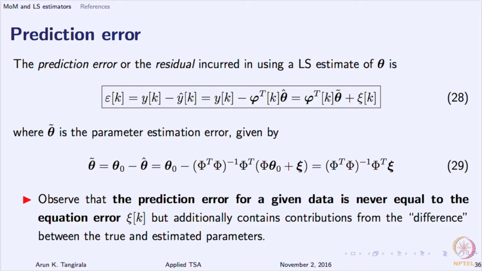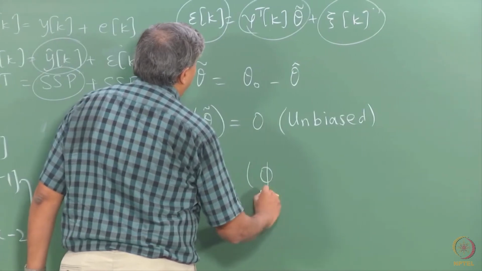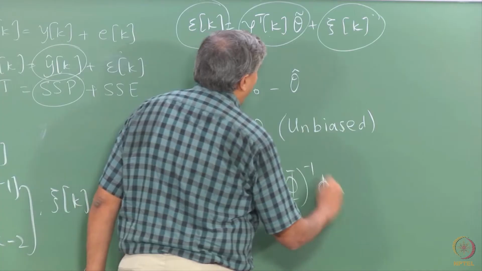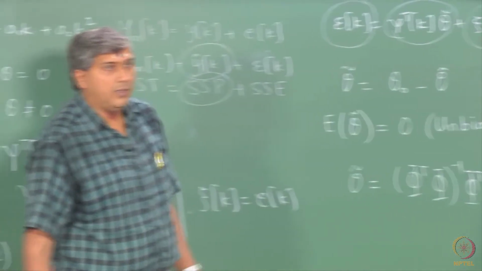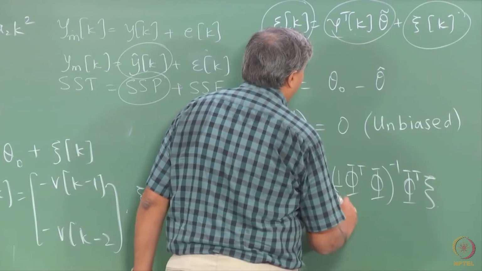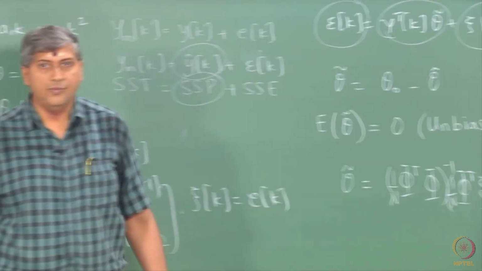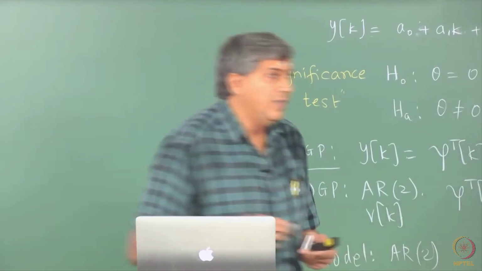One is of course the phi itself, that is your regressors, and the z, but more importantly, if you look at this expression carefully, the regressors and the equation errors appear in a particular manner, right. For example, here I can multiply and divide by 1 over n, so that I recognize this part here.